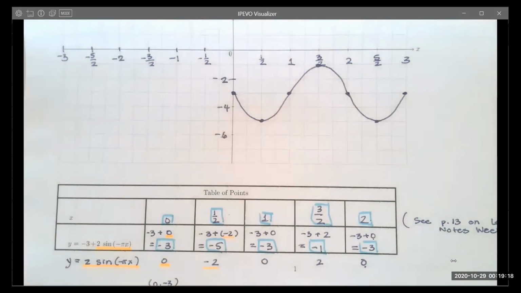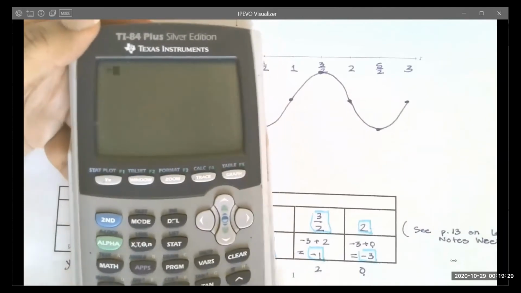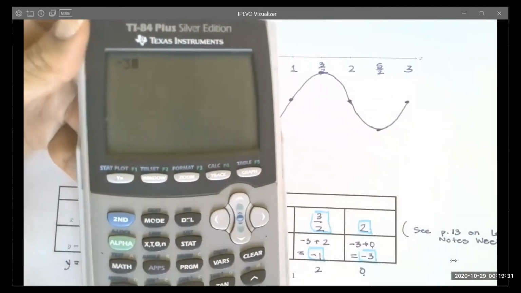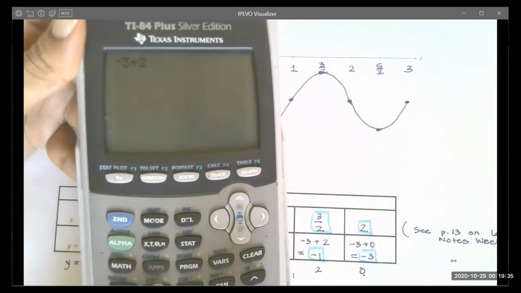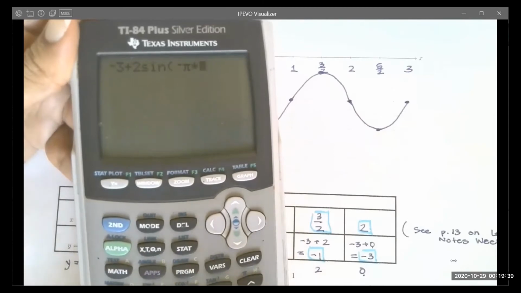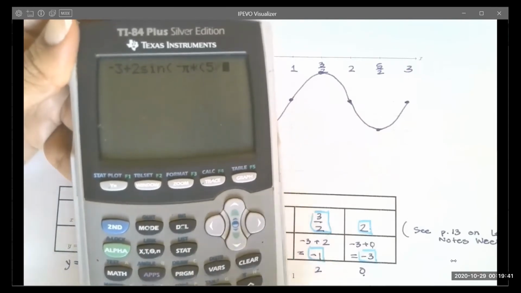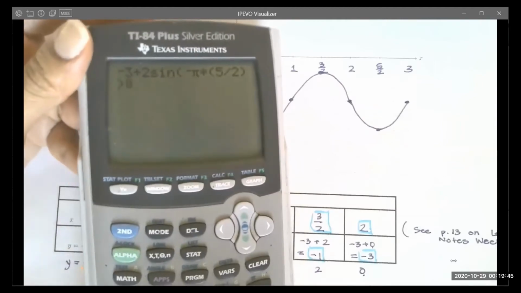But of course, we can always use our calculator to help us verify what happens at 5/2. The full expression for y is negative 3 plus 2 times sine of negative pi times 5/2.